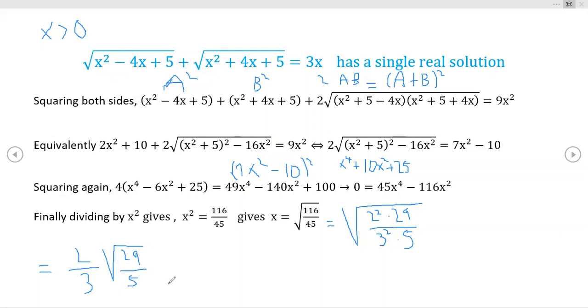Now, a very common approach here is just to multiply top and bottom by the square root of 5. That'll make the bottom part just equal to 5. And so this would actually be equal to 2 times the square root of 145. See, 145 doesn't have any perfect square factors.